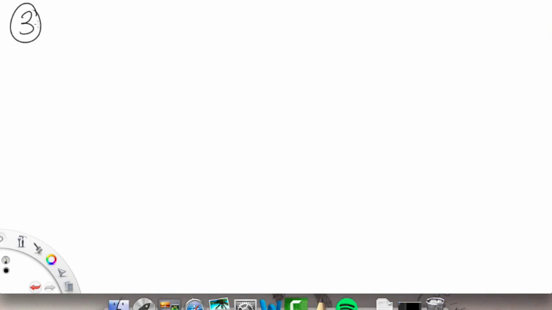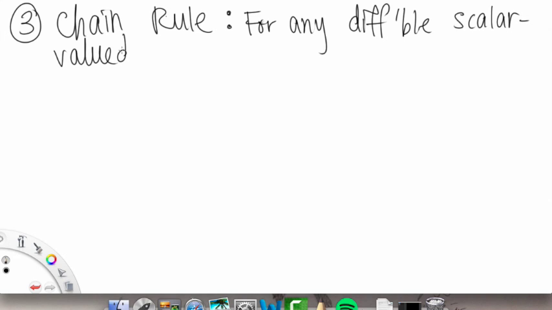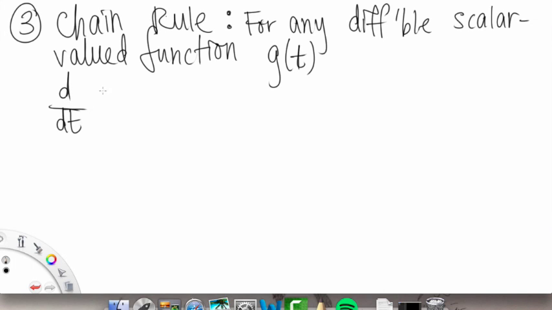We're still on rules for differentiation. This is going to be the chain rule. It says for any differentiable scalar valued function, and we'll call this one g of t just to mix it up, then we have d/dt, the derivative with respect to t, of r of g of t, where the inside is a scalar valued function, not another vector one.